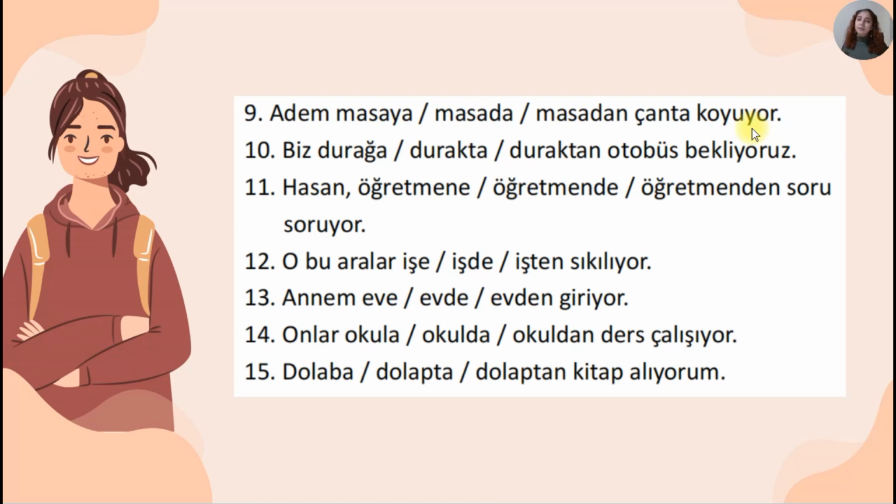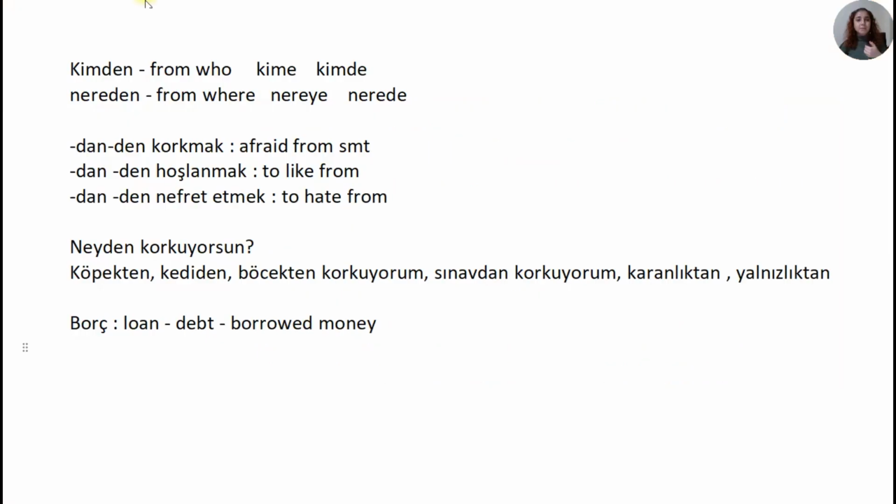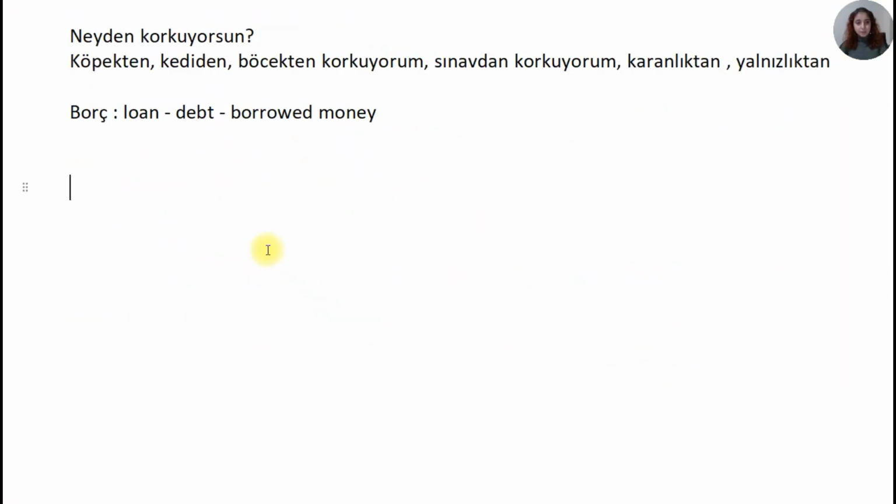Why did I explain about masada? Because during my classes I saw so many times there is a tendency to think like to on table or put on table. And that's why I wanted to explain it is not correct in Turkish. If you want me to put something to somewhere, I will firstly ask to where, nereye. For example, my mom can ask me to put the plates to the kitchen.